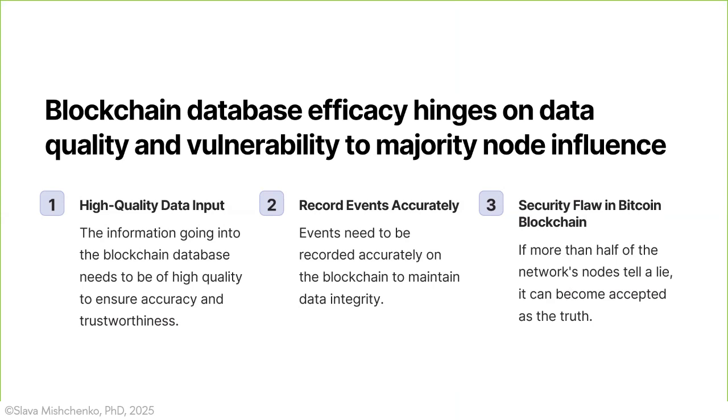One of the most interesting paradoxes I've encountered in blockchain systems is what we call the 51% vulnerability. And here's the fascinating part. Despite sophisticated cryptography and consensus mechanisms, if more than half of the network's nodes collude to record false information, that falsehood can become the accepted truth in the system.